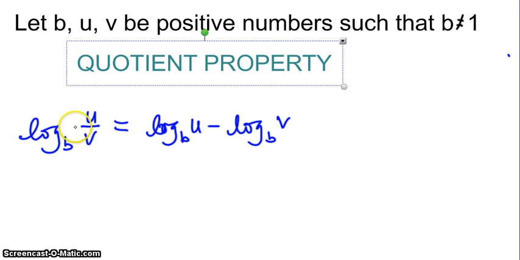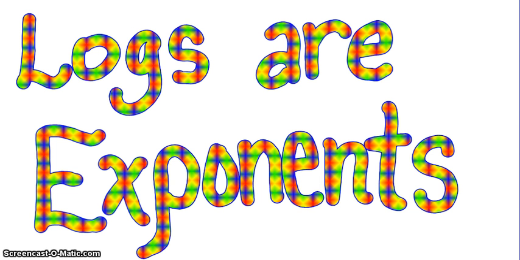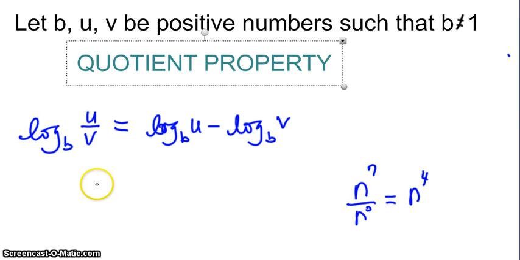Now notice here what I'm doing is I'm dividing with the same base. When you divide with the same base, here's another example. N to the 7th over n to the 3rd is equal to n to the 4th. I subtracted the exponents. Well, logs are exponents. So when I divide with the same base, I'm going to subtract the exponents.